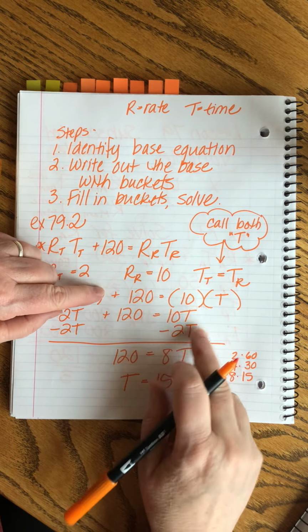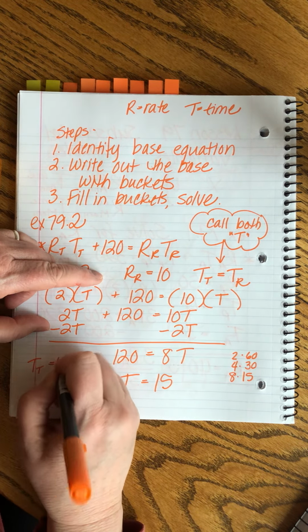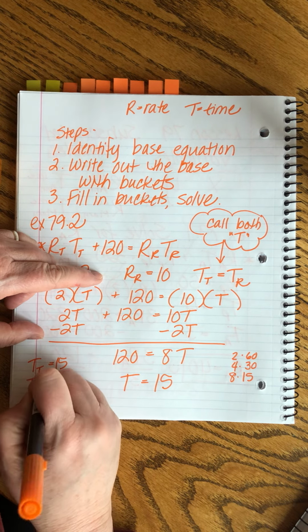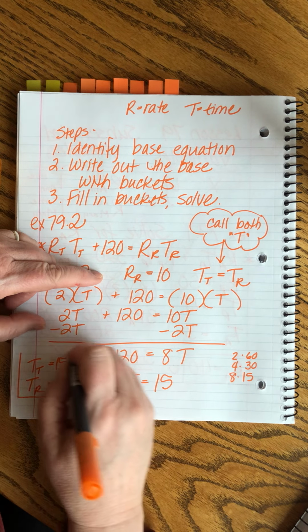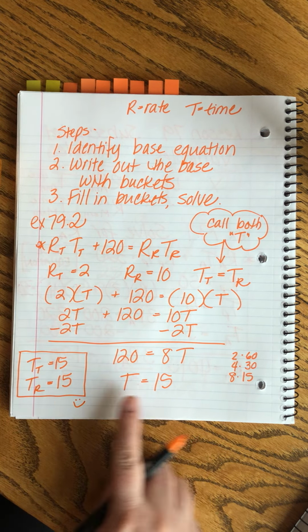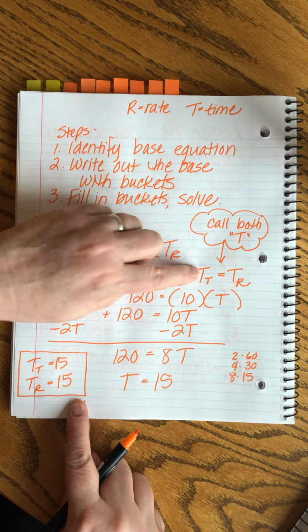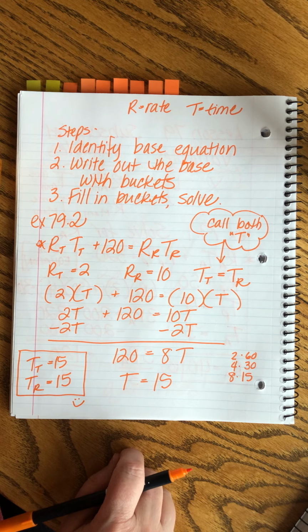And because I know that they're the same, I can say that tt equals 15, and I can say that tr equals 15. And this would be the most complete way to show my answer. It's true that t equals 15, but let's go ahead and show both of those variables as the problem was originally set up.